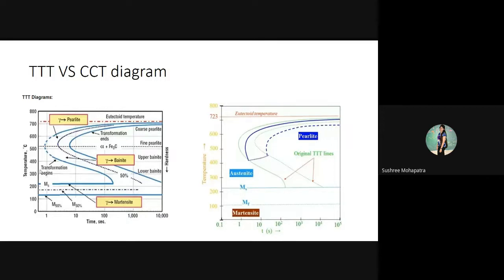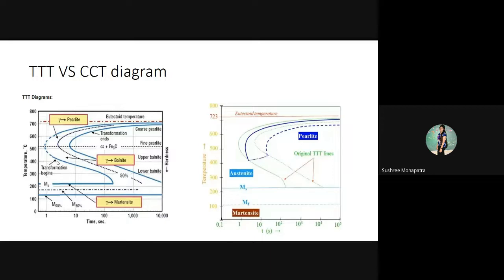Similarly, suppose my steel is here, above the austenitizing temperature, and I am quenching, right? Faster cooling to this temperature, 400 degrees centigrade, for example. And now I am allowing my steel to cool isothermally. I will hold the steel at this temperature, so I have to move in this direction.